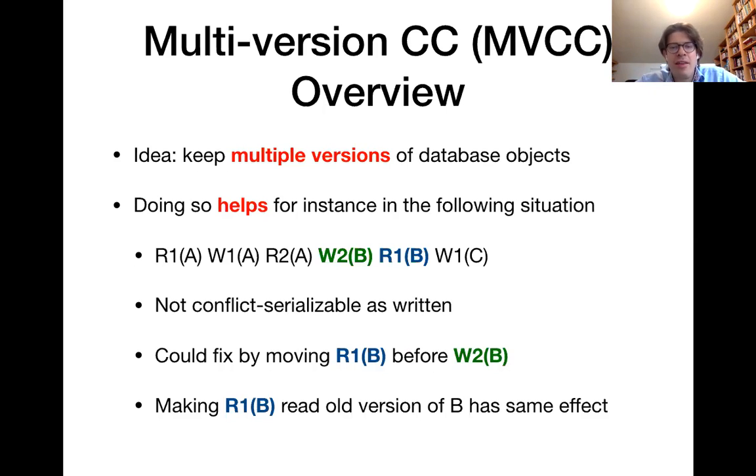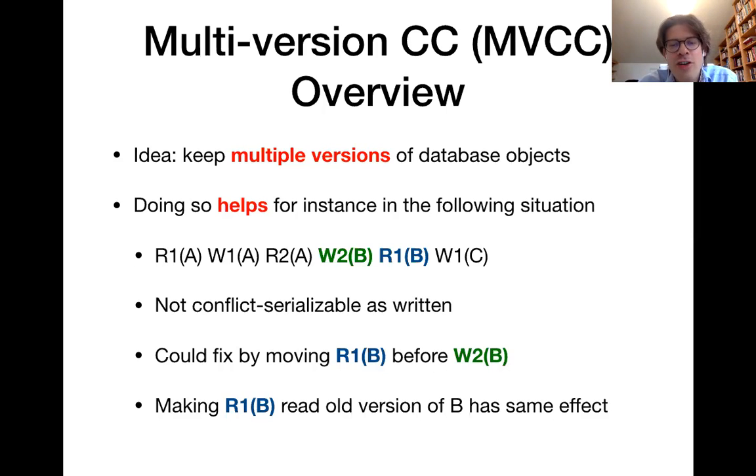Here, for instance, we have a schedule which is not conflict serializable in the way in which it is written. We have an edge in the conflict graph from transaction 1 to transaction 2 because of the write to A followed by the read of A by the second transaction.